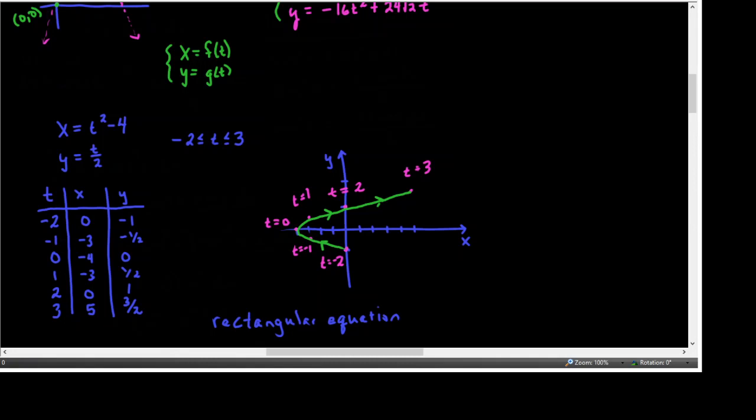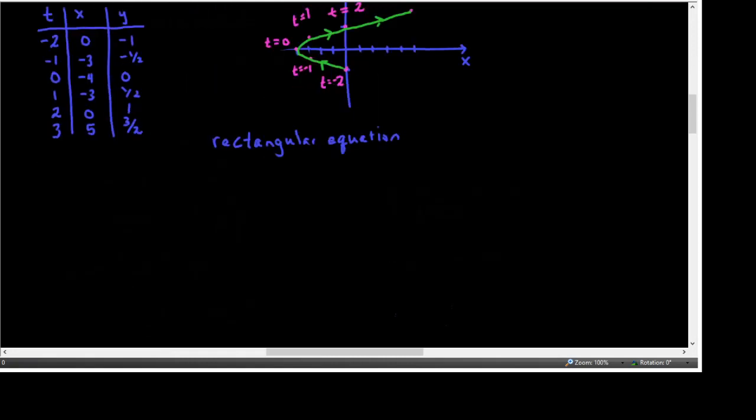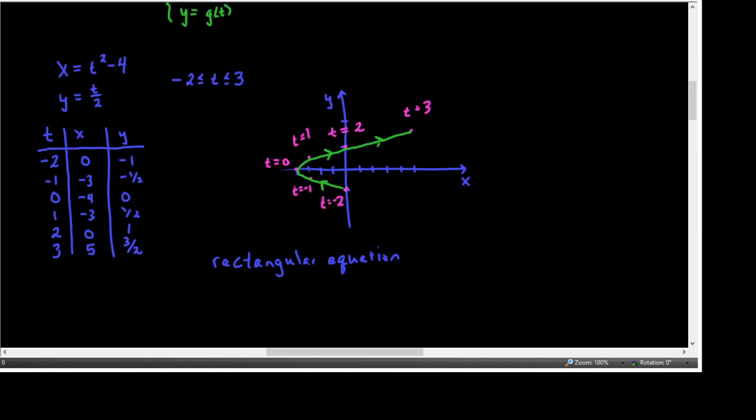So to eliminate the parameter, one of the things you can do, and this is particularly good for the technique I'm about to show, is pick one of the equations to solve for your parameter t.